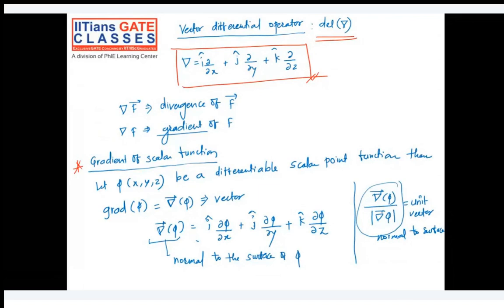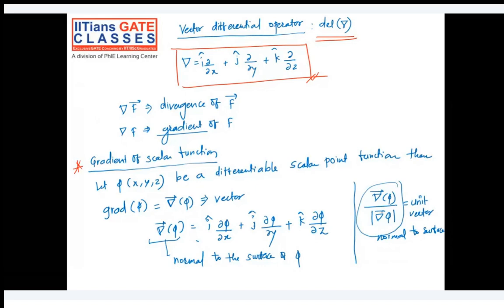So we have a scalar function and we are trying to find the gradient of it. A simple example is a temperature gradient. If we have two walls made of different materials and one of them is exposed to heat, there will be a temperature gradient.